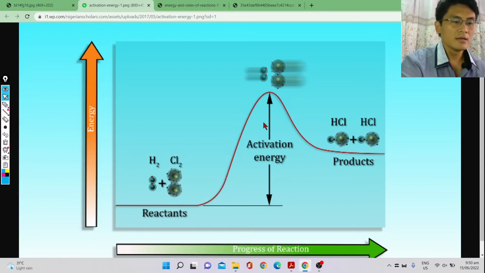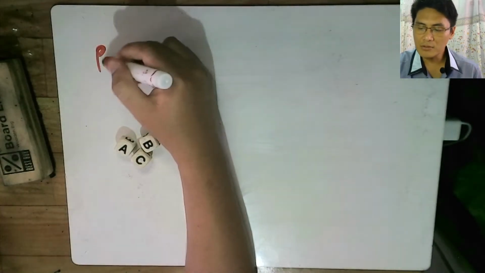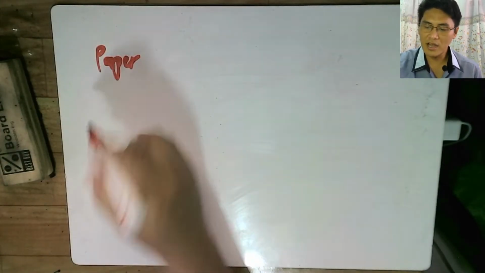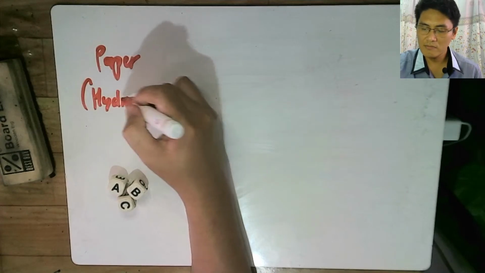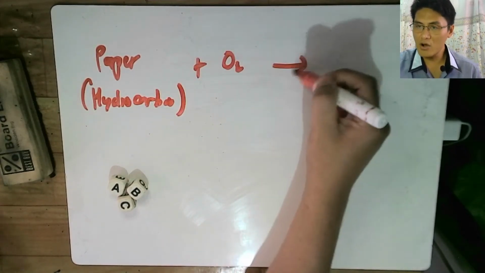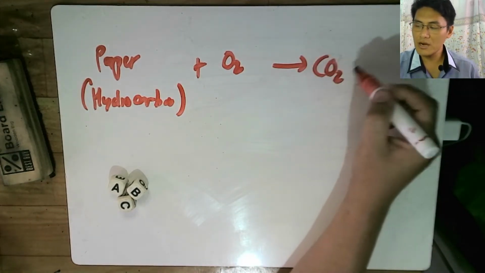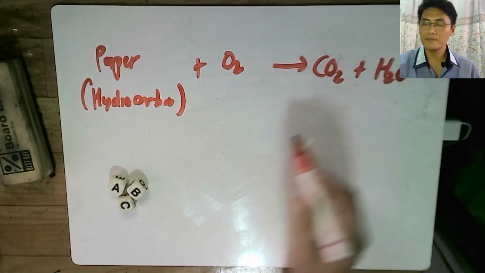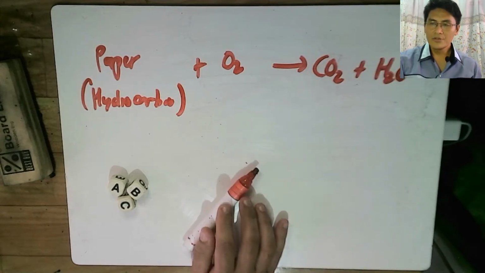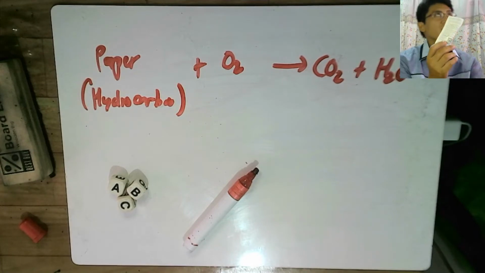In fact, if I can write it here, that piece of paper, which is essentially a hydrocarbon, would react with oxygen. And as you all know, when we discussed the types of chemical reaction, it produces carbon dioxide and water, right? So my question is, okay, I have paper here in my hand. I have oxygen there.